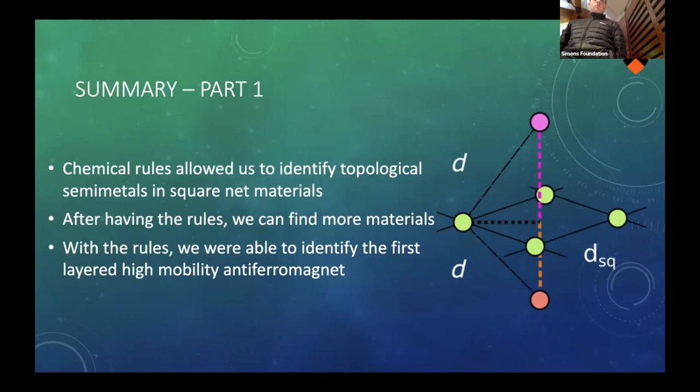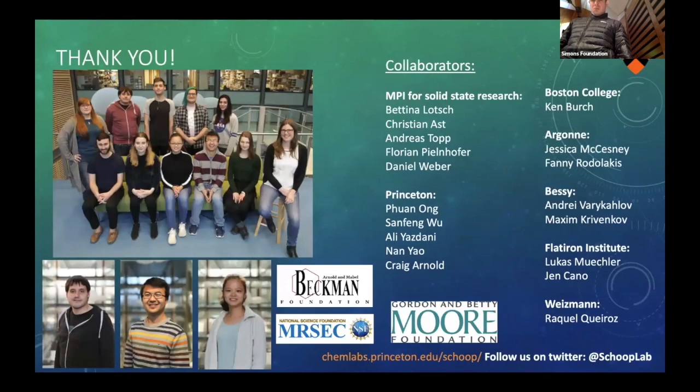And after we found these rules, we could use them to identify more materials. And most importantly, we could use them to find the first material which is exfoliatable, but also has a high mobility and magnetic order. With this, I would like to thank you for your attention, and as well as my group and collaborators. Thank you.